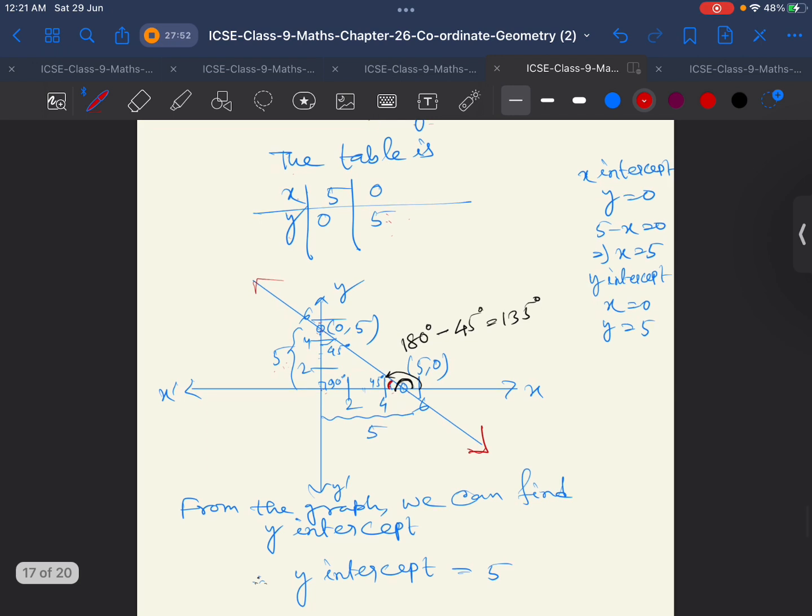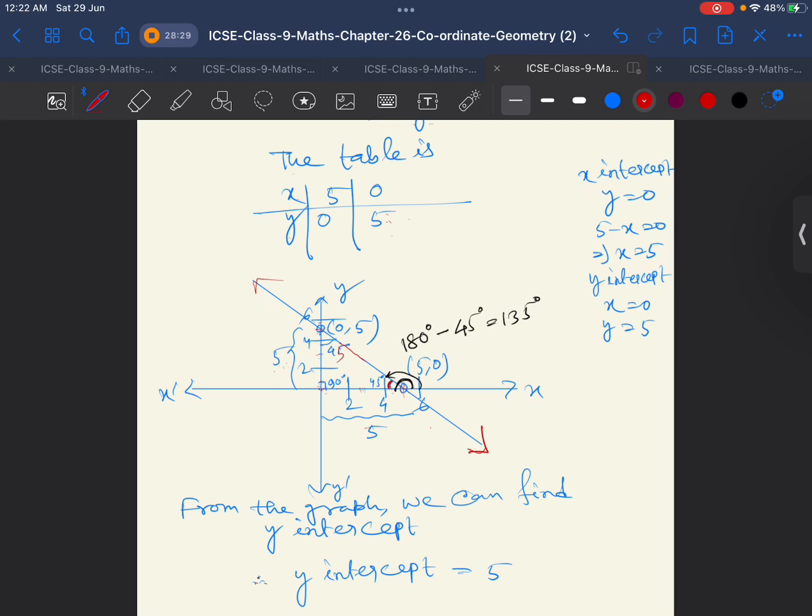Now we have to find the inclination. So you see this distance is 5. The distance from the origin to this point is 5, and from the origin to this point the distance is 5. So this side and this side are the same. So this is a right-angled triangle, and this angle is 90 degrees.